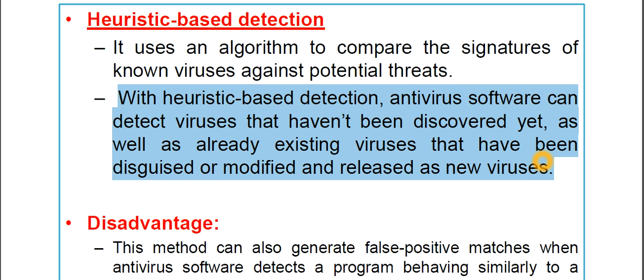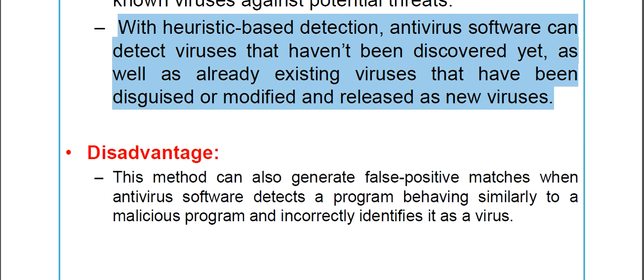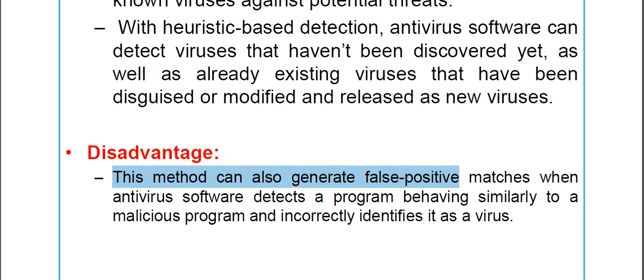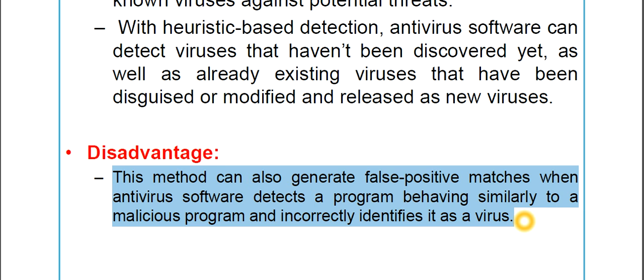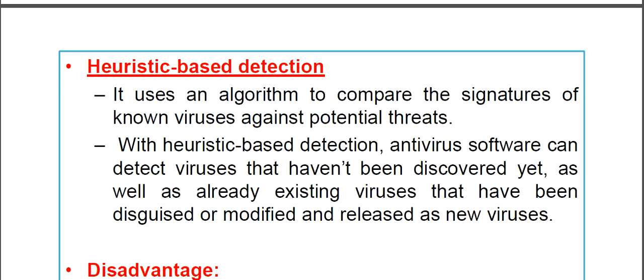So in that way, with the help of heuristic based techniques, we get to know about some new potential threats. The disadvantage is that this method can also generate false positive matches, when antivirus software detects a program behaving similarly to a malicious program and incorrectly identifies it as a virus, although it may not be a virus. Okay, that is heuristic based detection.